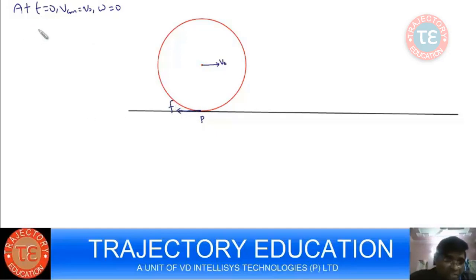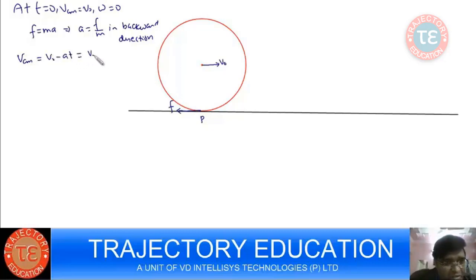And when friction acts in the backward direction, it leads to an acceleration, say a, in the backward direction. So that will lead to a decrease in VCM.